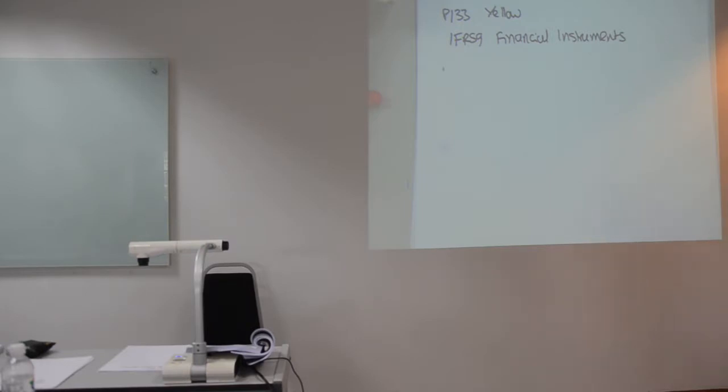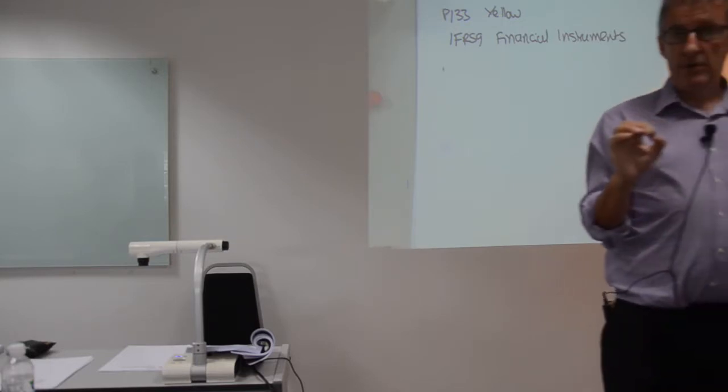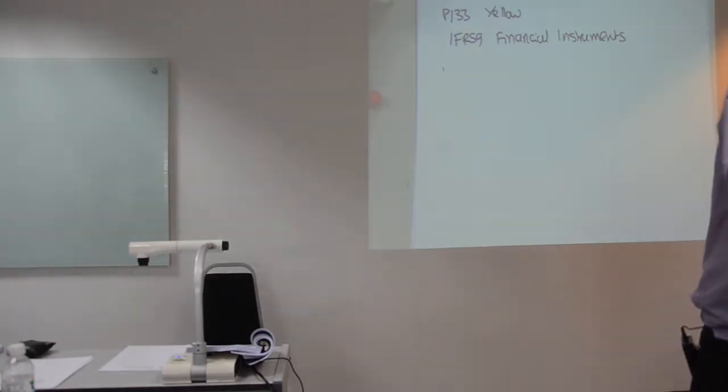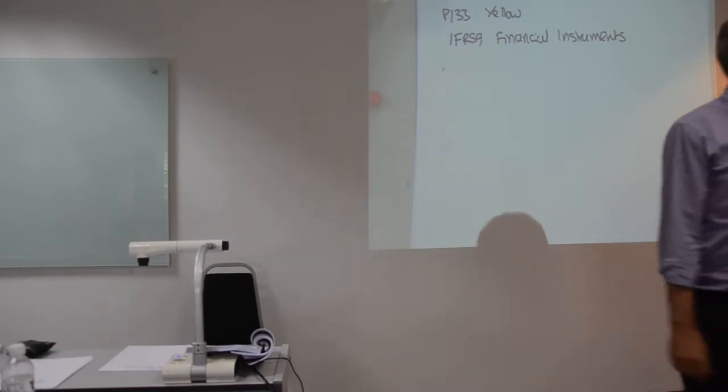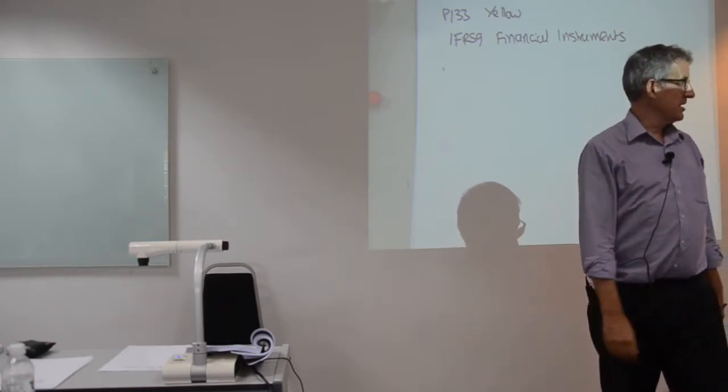Another way of doing it is to have a zero coupon bond and to pay nothing in year one, nothing in year two, and when you finally redeem the debenture, you pay a premium. So if in year one you pay nothing, you'll owe them 1,000 extra.